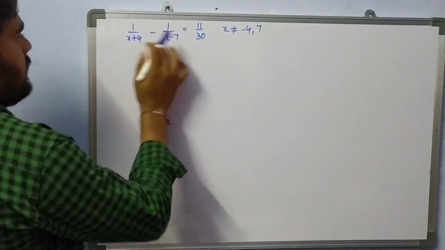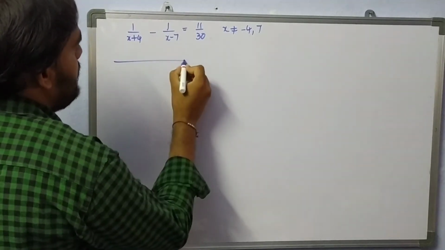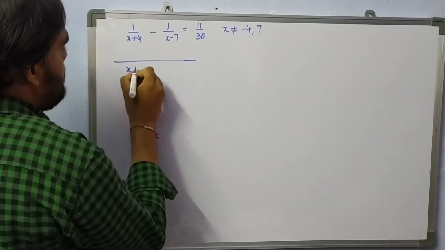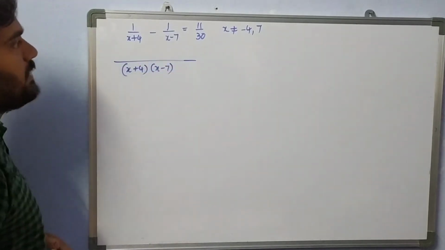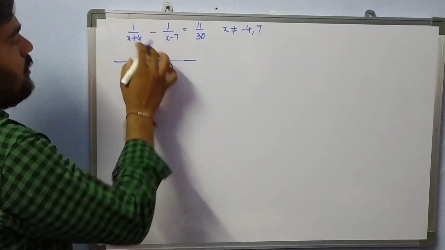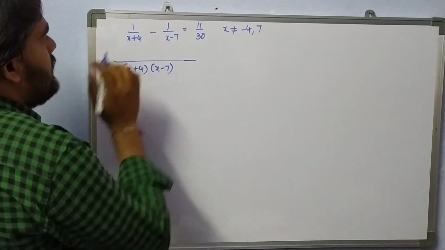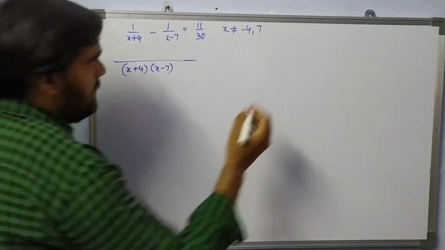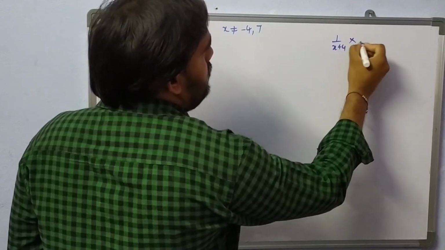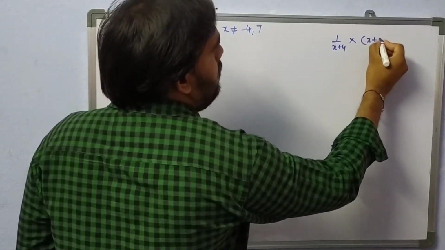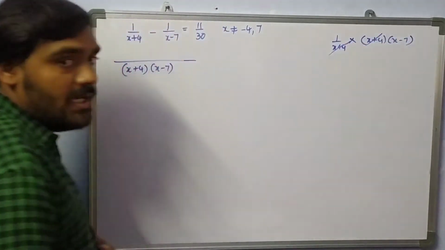See here, first of all, take the LCM for these two. So here we will get x plus 4 into x minus 7. After that, 1 by x plus 4 we need to multiply with x plus 4 into x minus 7. So we will get x minus 7. See, 1 by x plus 4 into x plus 4 into x minus 7, at the time these two terms get cancelled.